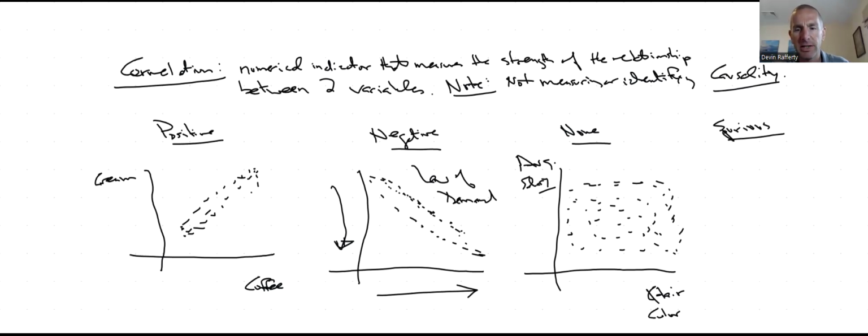And then a spurious correlation is interesting. A spurious correlation is what we might consider to be just a coincidence. Okay. A spurious correlation occurs when you think there is a relationship between two things. Okay. So you could have a correlation appear to be positive, appear to be negative, or none at all.